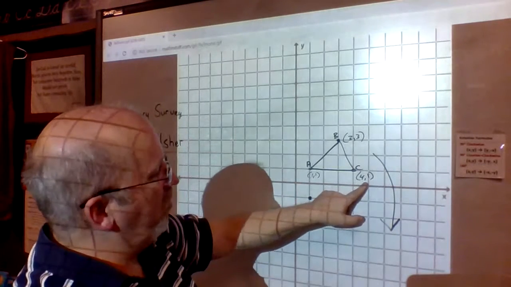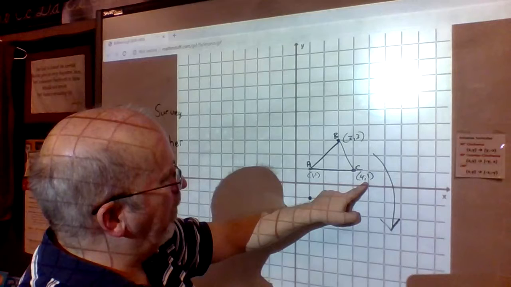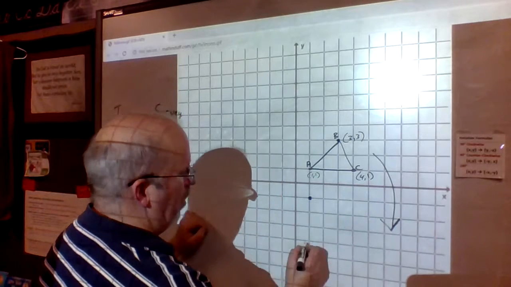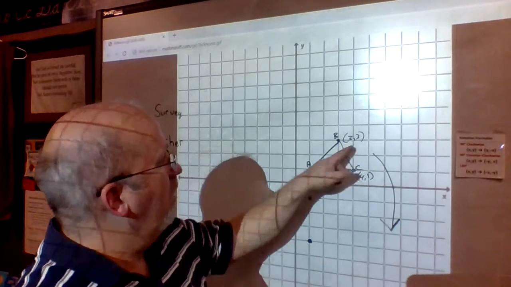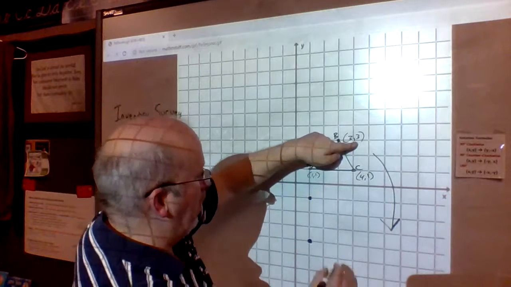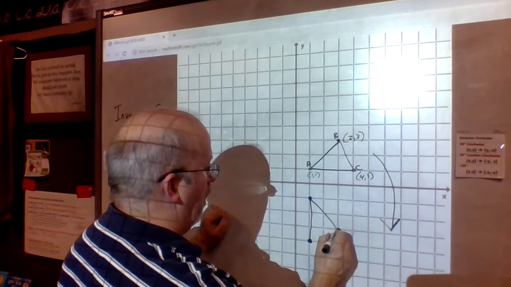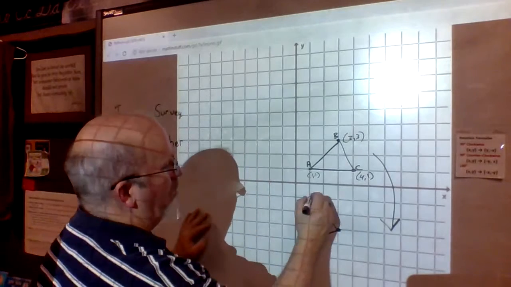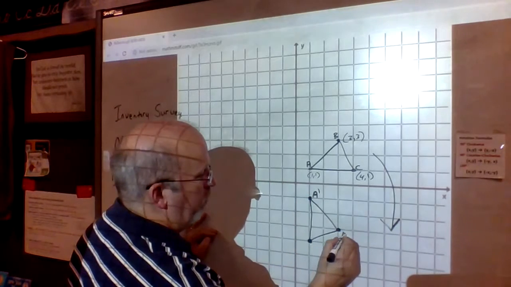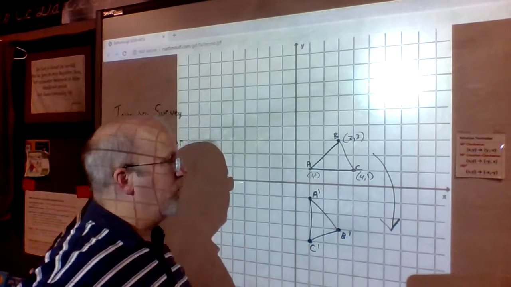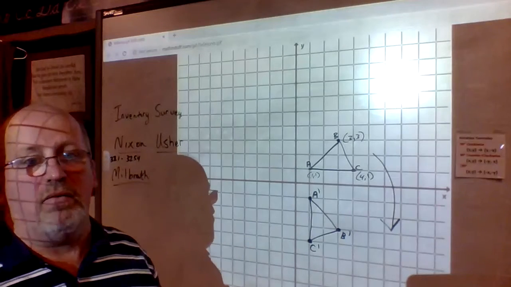If I flip these coordinates and make the x value its opposite, that's 1, -4. That's right here. And this would become 3, -3, which would be right here. And our locations would be A prime, B prime, and C prime for this particular circumstance.